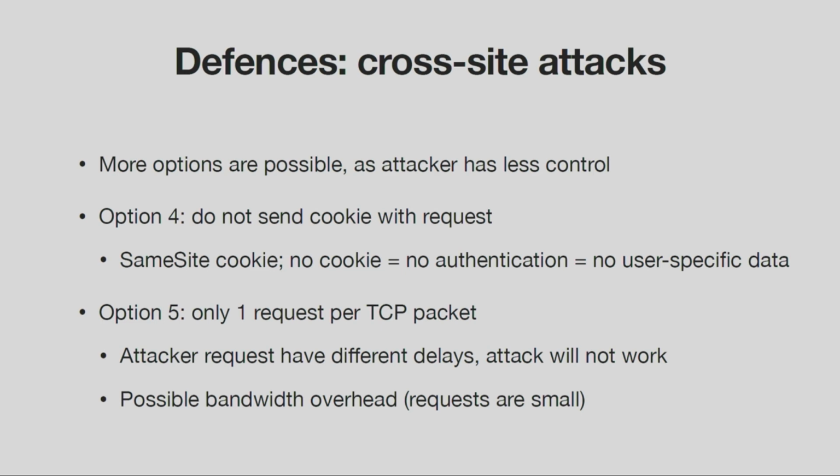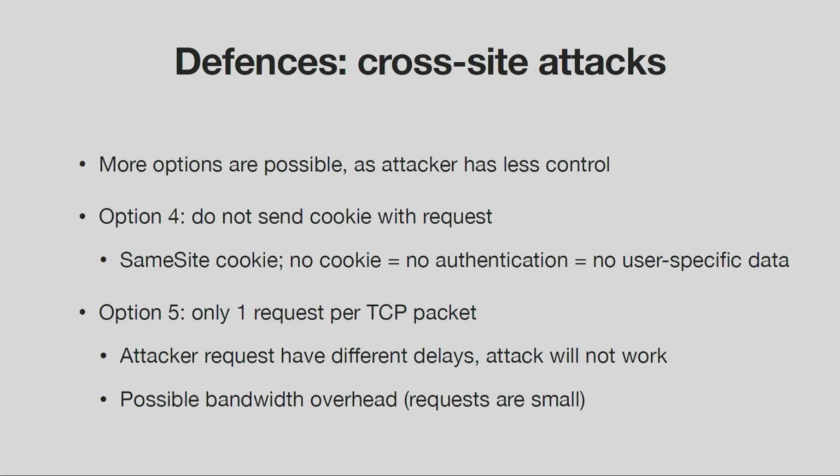Another option, option 5, is to only send a single request per TCP packet. One thing that we had to abuse was to make sure that we had 2 requests in a single TCP packet, because then they arrive at the same time at the server.